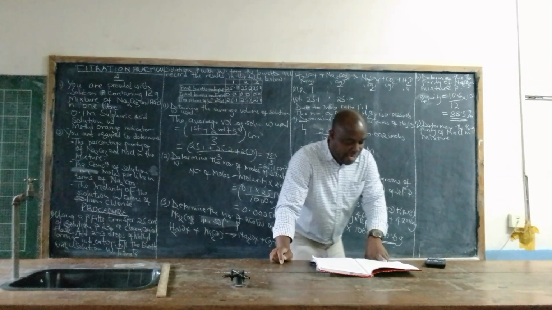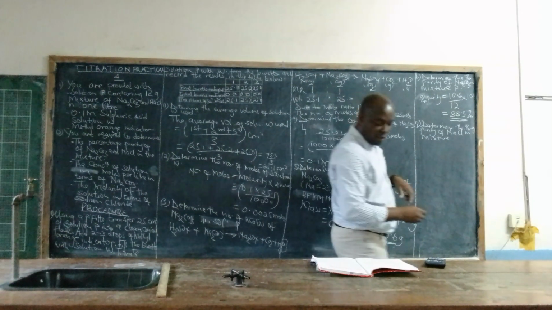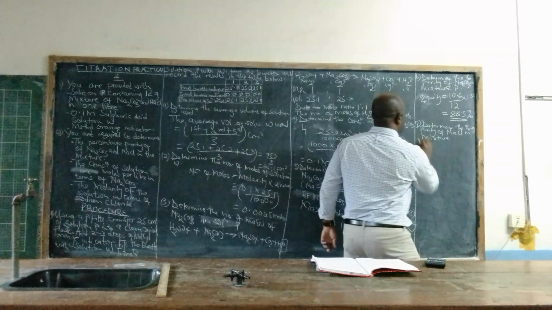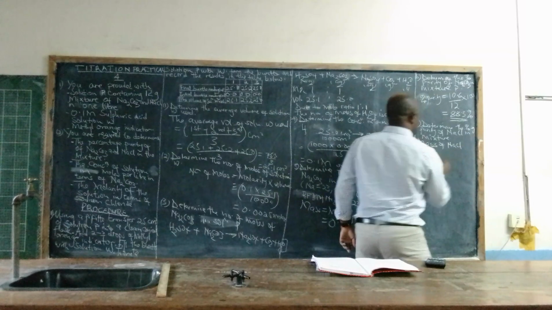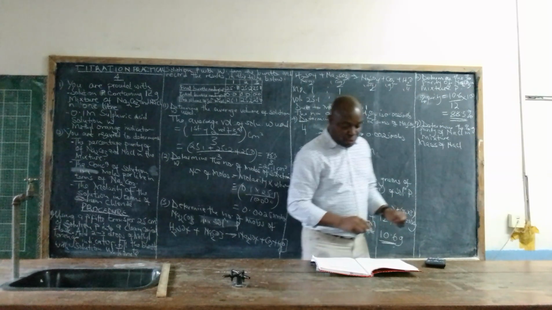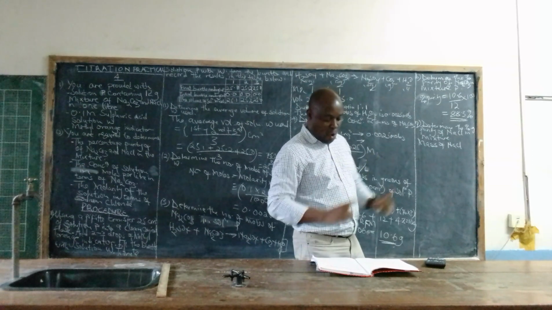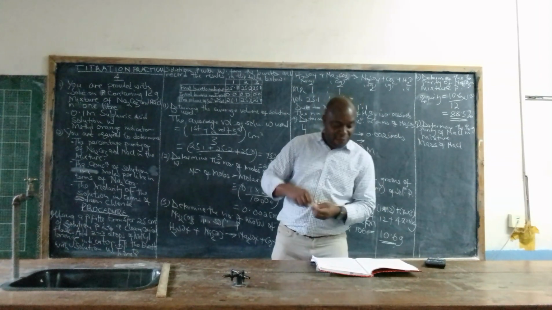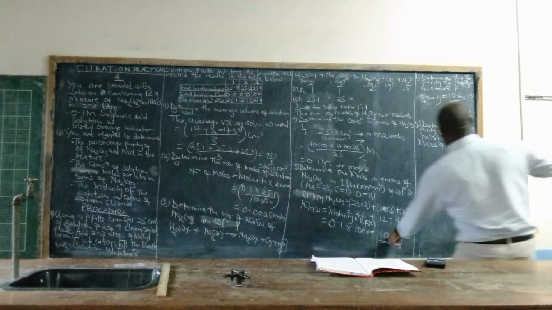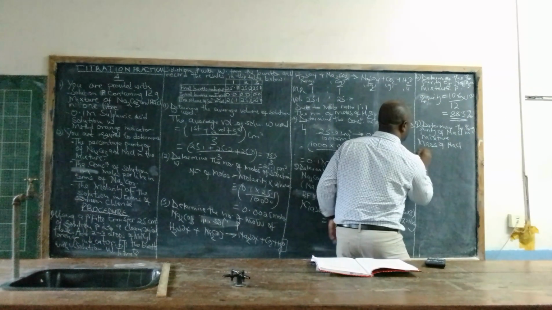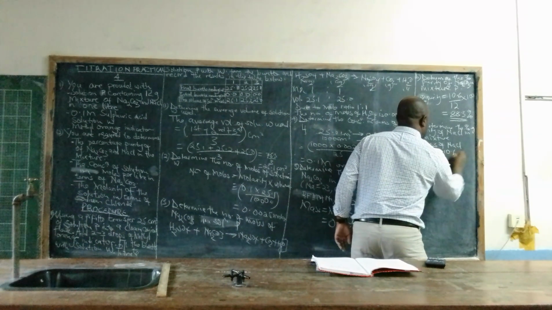So we are going to take the mass of sodium chloride. We are going to subtract. If we want to get the mass of sodium chloride, we must subtract from these 12 grams. 12 grams minus 10.6.